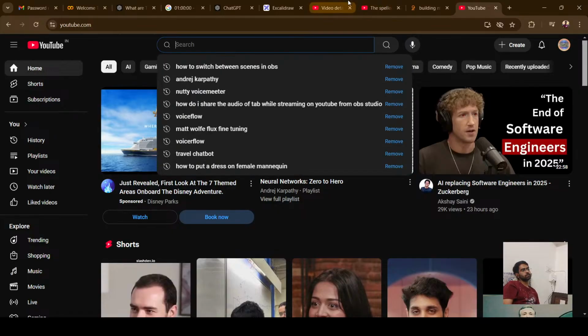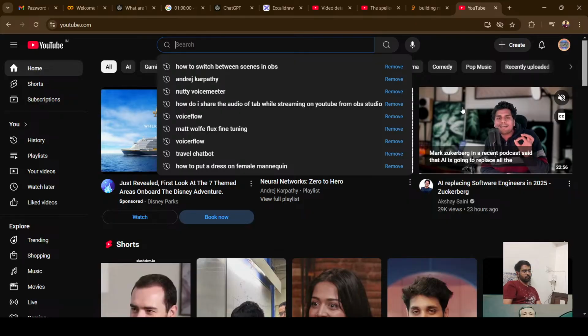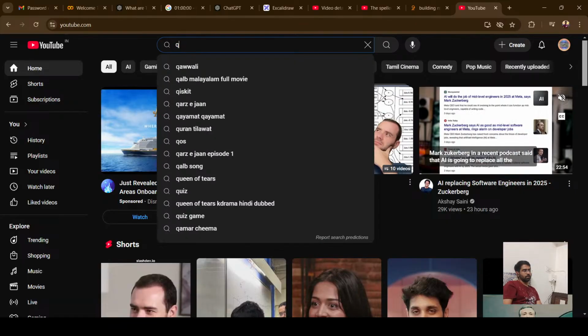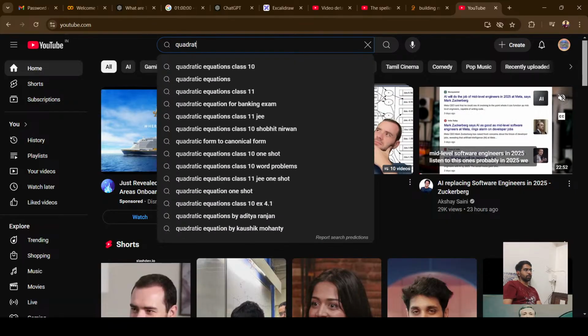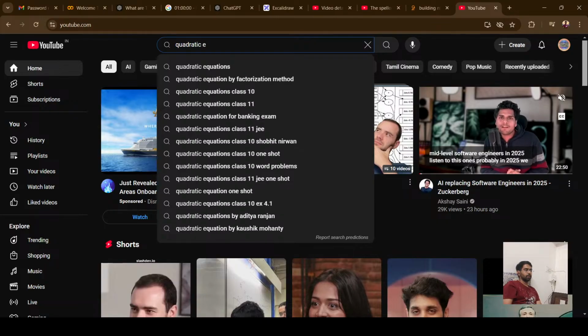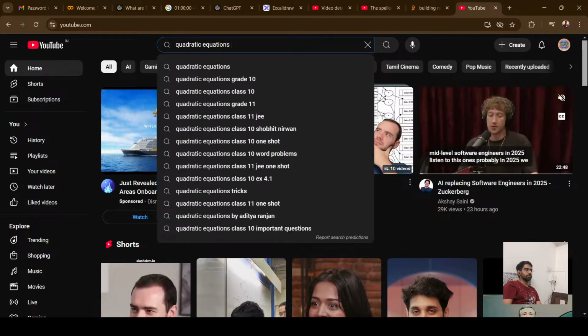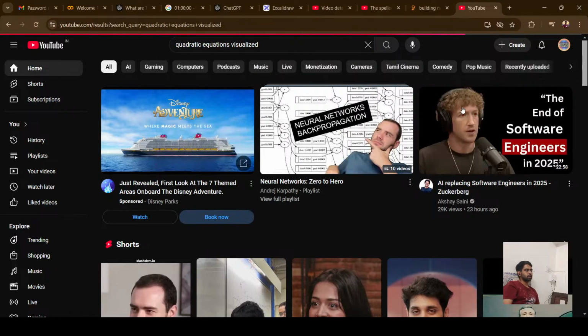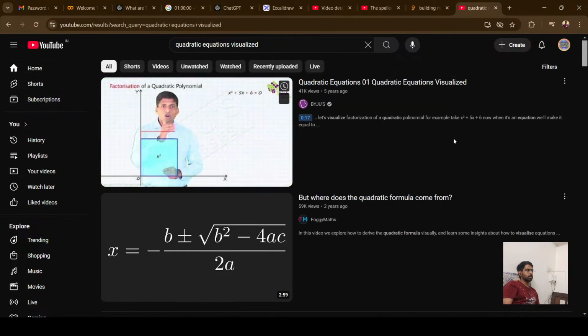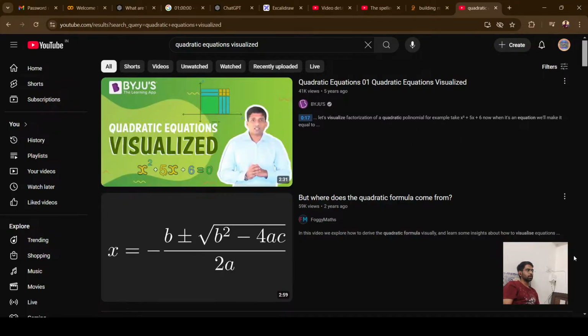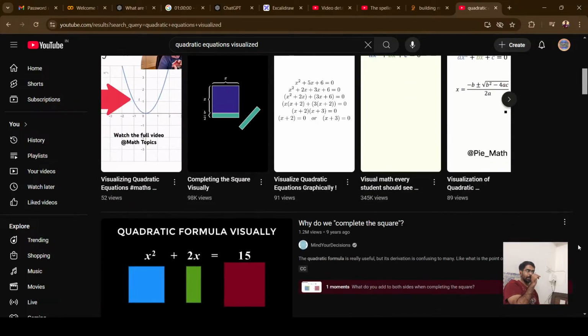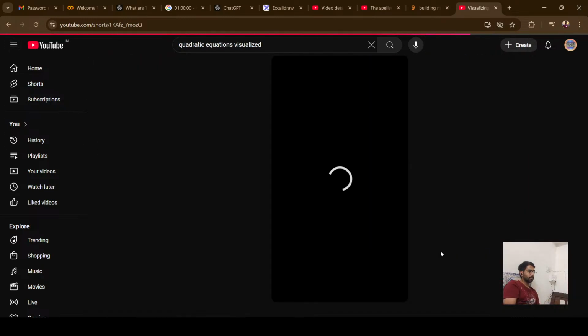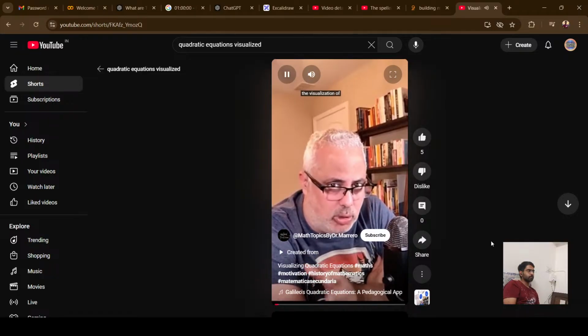Quadratic equations visualized. But where is the formula? The visualization of a quadratic equation.